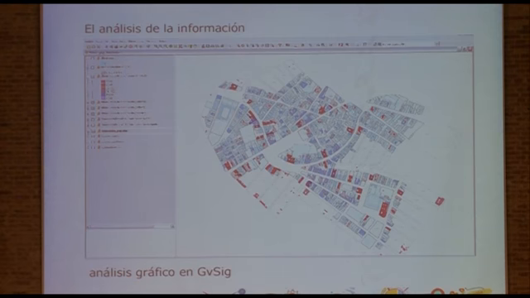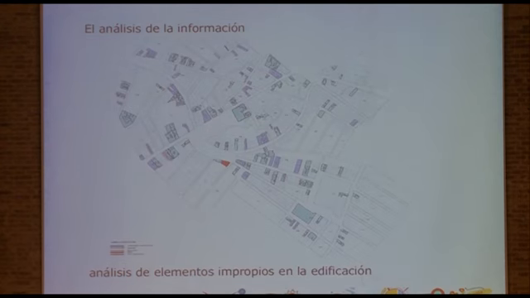So once we contacted the gvSIG in order to process the information, we started to think about offering a series of reasonings about the real situation of the Historical Center of Burriana.